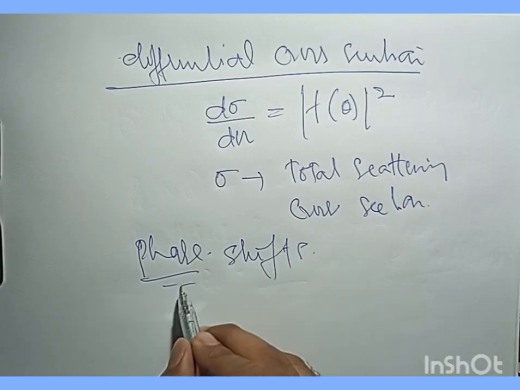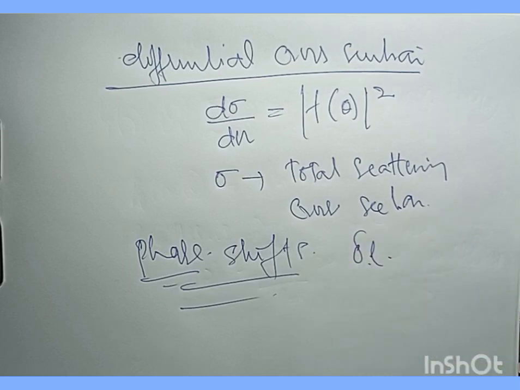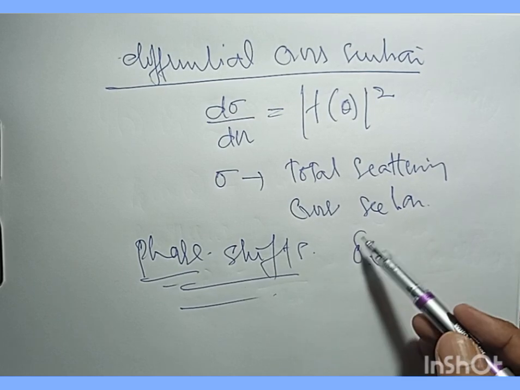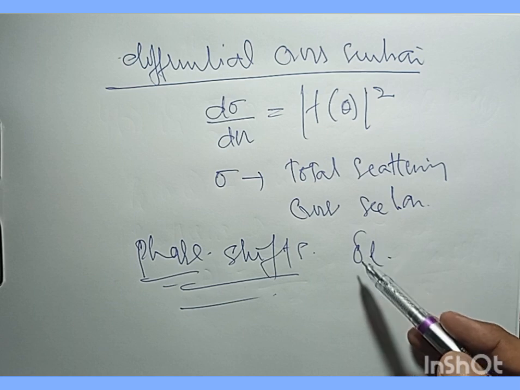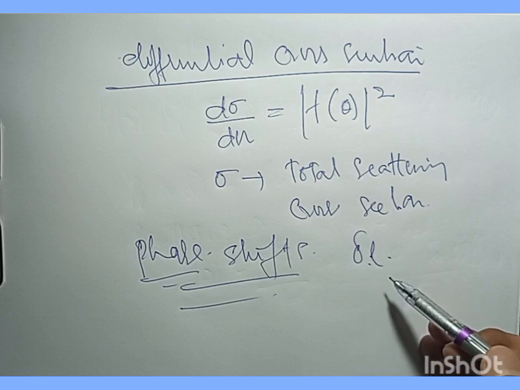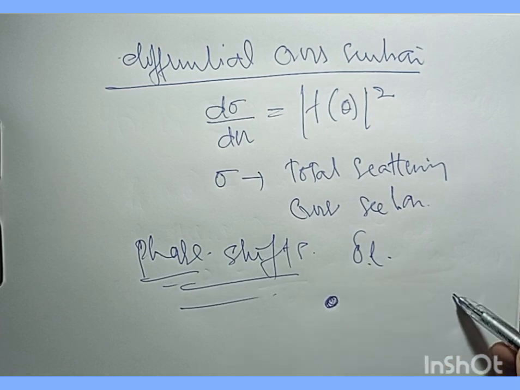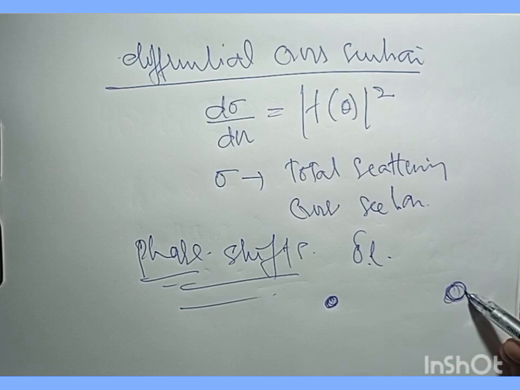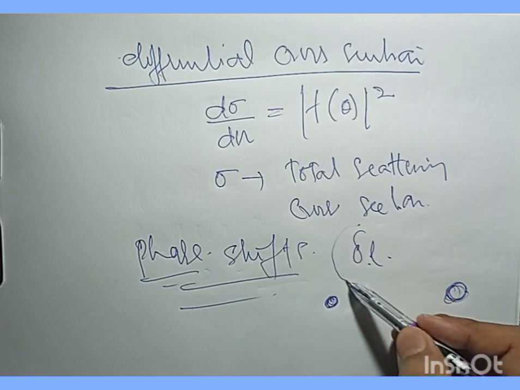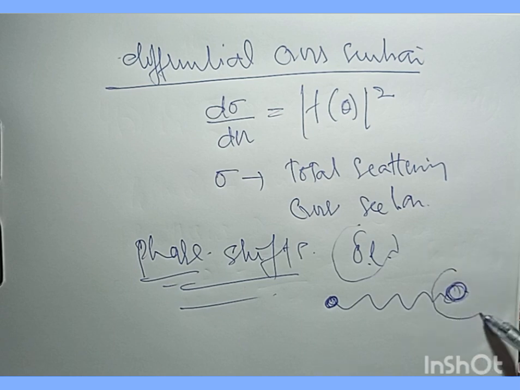And our phase shifts are delta L. Now this delta L characterizes the potential modification. You have a free particle, which is a wave, interacting with some potential, and it gives me the measure of that modification that comes into action when it interacts with the potential.